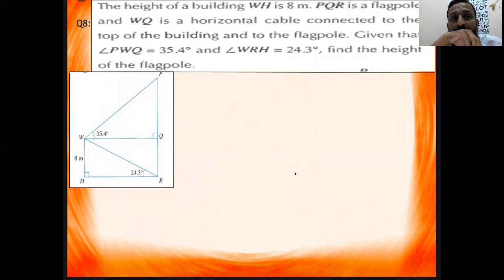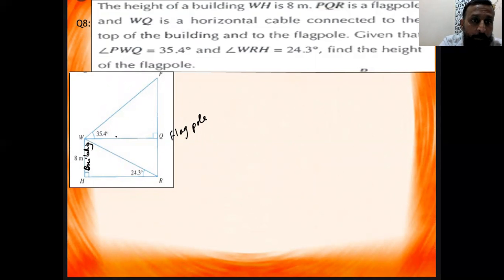What they are saying, find the height of the flagpole. What is the flagpole? Flagpole is this. This is the flagpole, boys and girls. Now, the height of a building, WH. This is your building, boys and girls. Right? WQ is the horizontal cable connected to the top of the building to the flagpole.